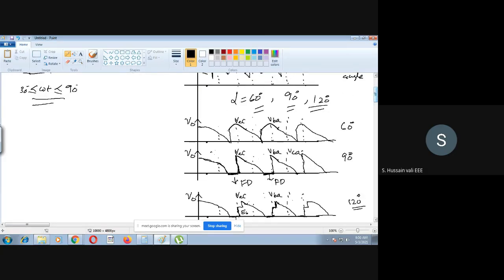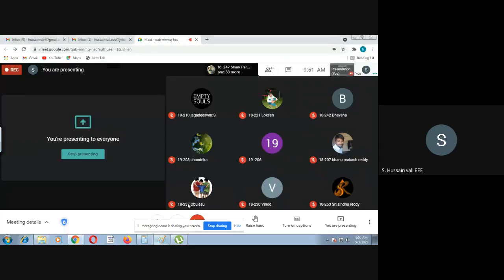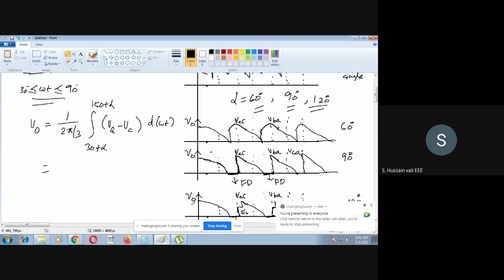Once you have these waveforms, what about the output voltage? V naught will be the same: 1 by 2 pi by 3 integral from 30 plus alpha to 150 plus alpha of VA minus VC, V of omega t. Then you do this.